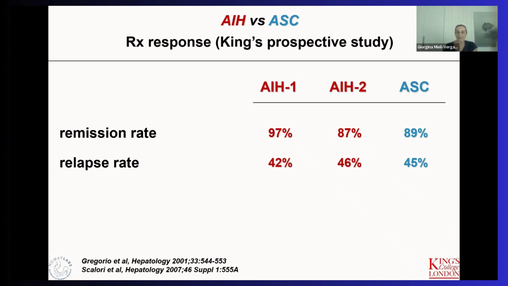The relapse rate was also very similar, and usually at the time of puberty. And we were able to stop treatment successfully in 19% of the autoimmune hepatitis type 1 patients, in none of the autoimmune hepatitis 2 patients in this study, and in 5% of the autoimmune sclerosing cholangitis patients.